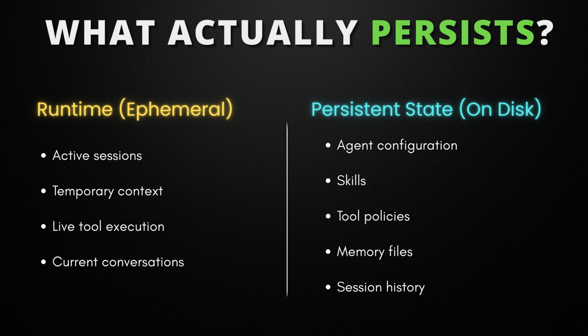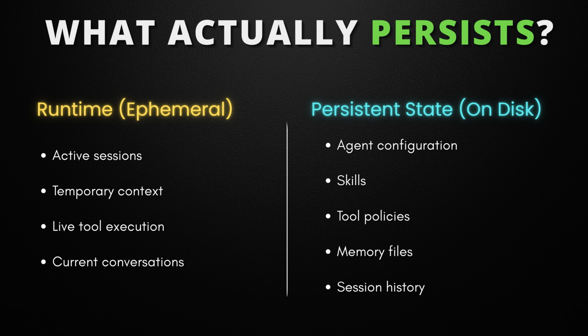Now let's clarify something important, because this is where OpenClaw starts separating itself from typical AI usage. There's a difference between what happens during runtime and what actually persists on disk. The runtime includes live sessions, active tool execution, and whatever context is currently being processed. That's temporary and it exists while the system is running. But the persistent state is what gives OpenClaw continuity.